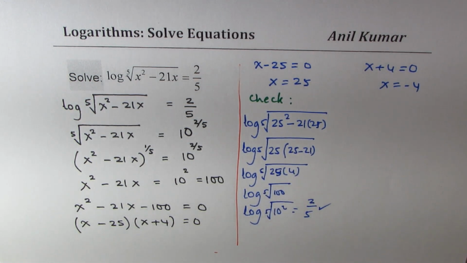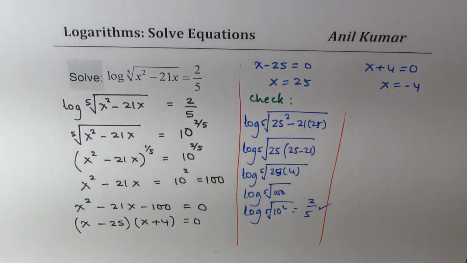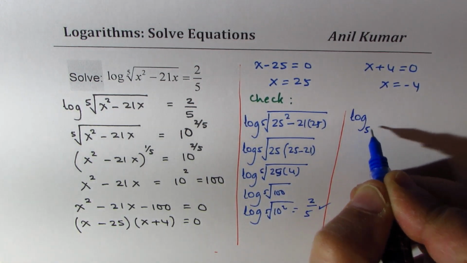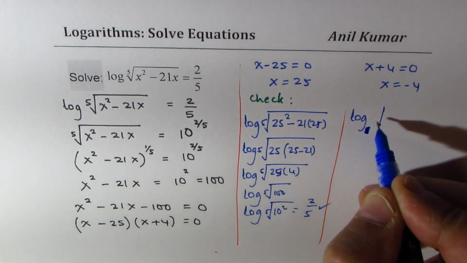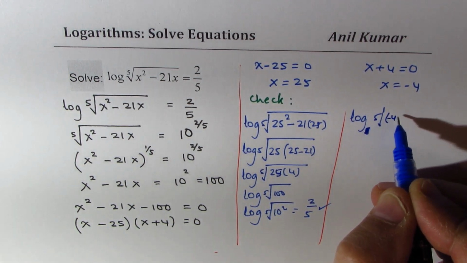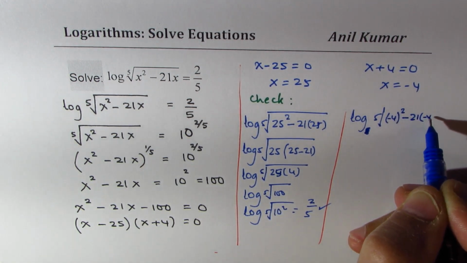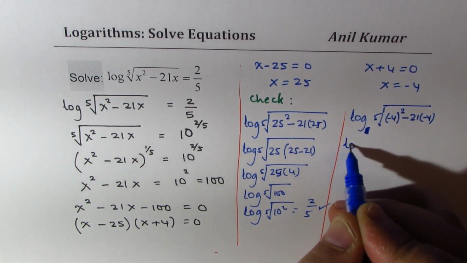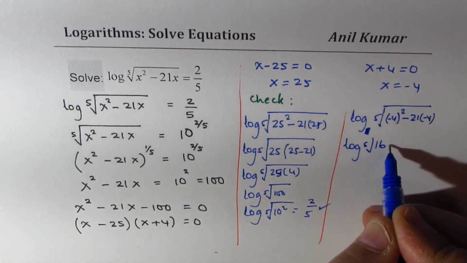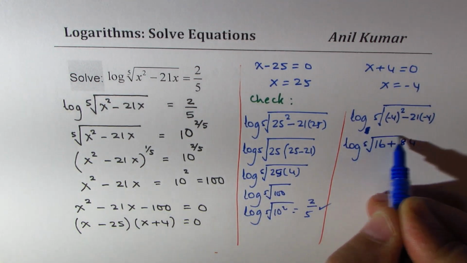Now let's look into the second solution. It seems to be an extraneous root. Some of you must have written it by now. Anyway, let's see. So log to the base 10 of the fifth root of x squared minus 21x, we are substituting minus 4. So minus 4 squared minus 21 times minus 4, which is 16 plus 84, that becomes 100.